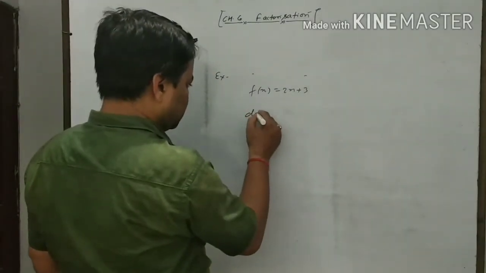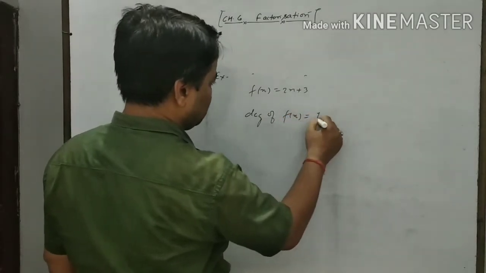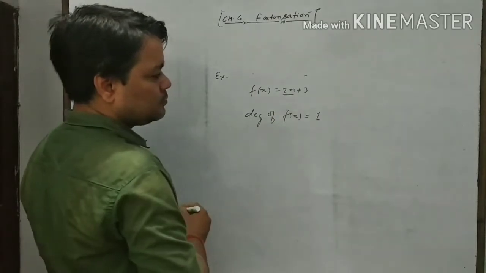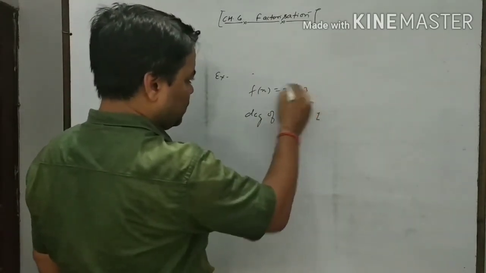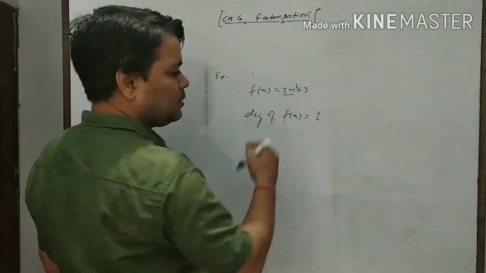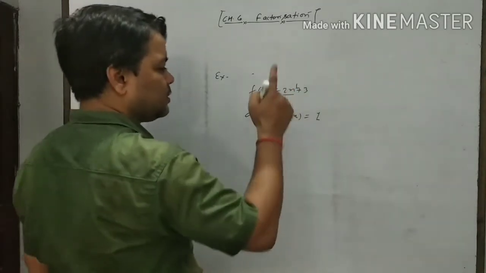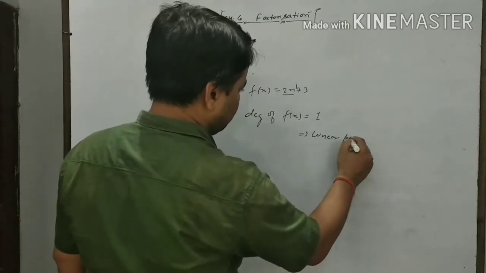So here degree of f(x) is 1. Why? Because we have one term whose variable x has a maximum power 1. Therefore degree of f(x) is 1, and you know that if the maximum power is 1, then it represents a linear polynomial.